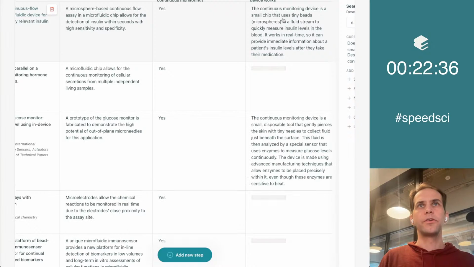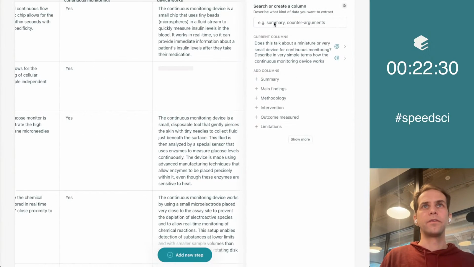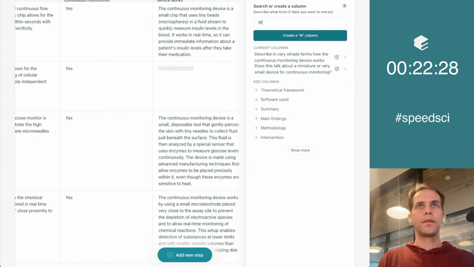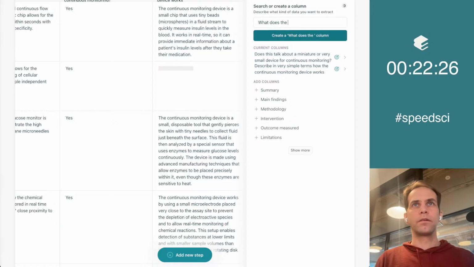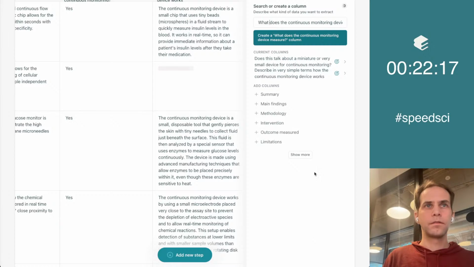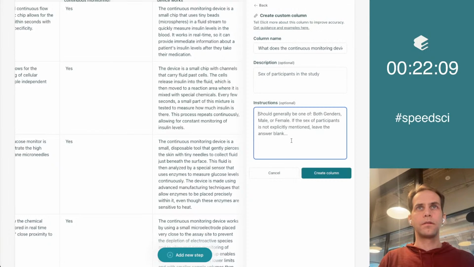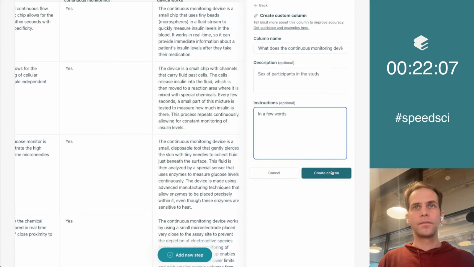Okay, a small chip that uses tiny beads in a fluid stream to measure insulin levels. Actually, this is a good thing that we also would like to know. What does the continuous monitoring device measure? In a few words.